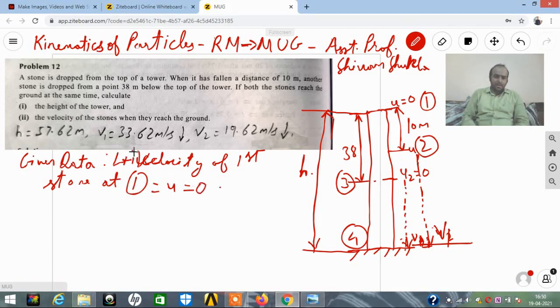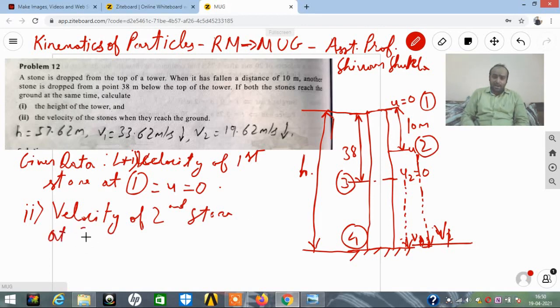Then velocity of the second stone, that is at position number 3 from where it is dropped, is u2 is equal to 0. That is fine, which is given to us.